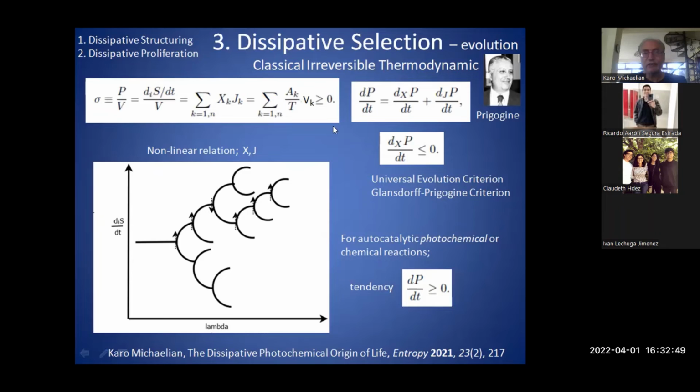But in general, this is positive definite, and that is what gives rise to evolution, that we do have these positive feedback systems, these nonlinear systems in nature, and they are allowed because they don't violate any fundamental laws of nature, neither the second law, neither the universal evolutionary criterion of Prigogine. But they are autocatalytic, and that leads to increases in entropy production, or what we call evolution of the system. So we get to biospheres of ever greater dissipative efficacy.